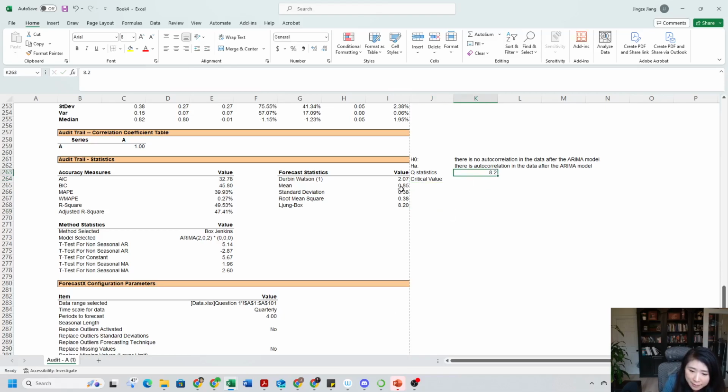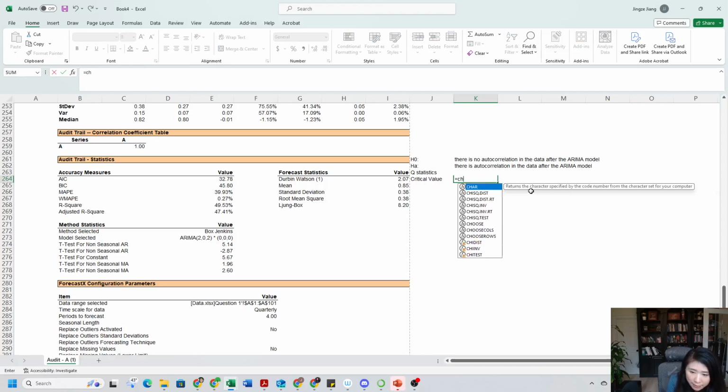If the Q statistic calculated by ForecastX is smaller than this critical value, we know that H0 cannot be rejected, so the forecasting model we identified is working well to predict our time series data. In order to calculate this critical value, we will use the formula called chi-square, CHISQ.INV.RT.